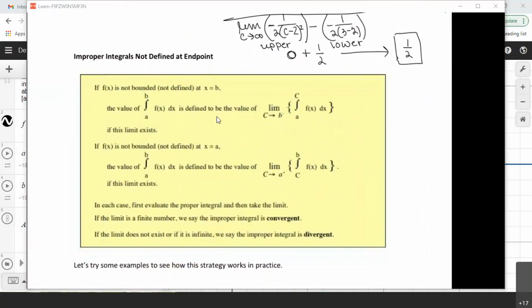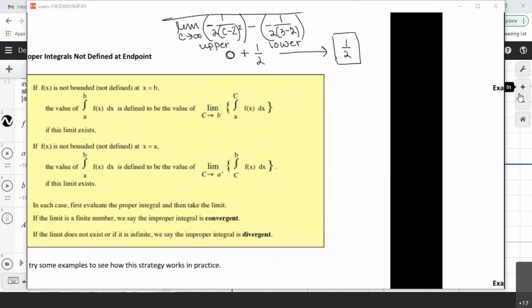Now you have to kind of remember what the one-sided limits are. Here your upper bound is where the integral isn't defined. If you think about the way things work, you've got an interval AB.